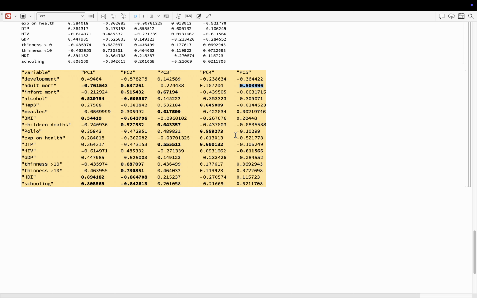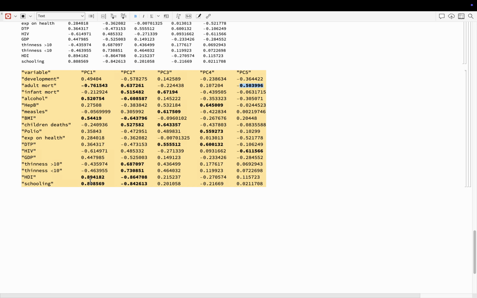Okay, so when we look at these components, I suppose the first component should be considered a component that contains mostly sociological data. We have here BMI, which is correlated probably with lifestyle.